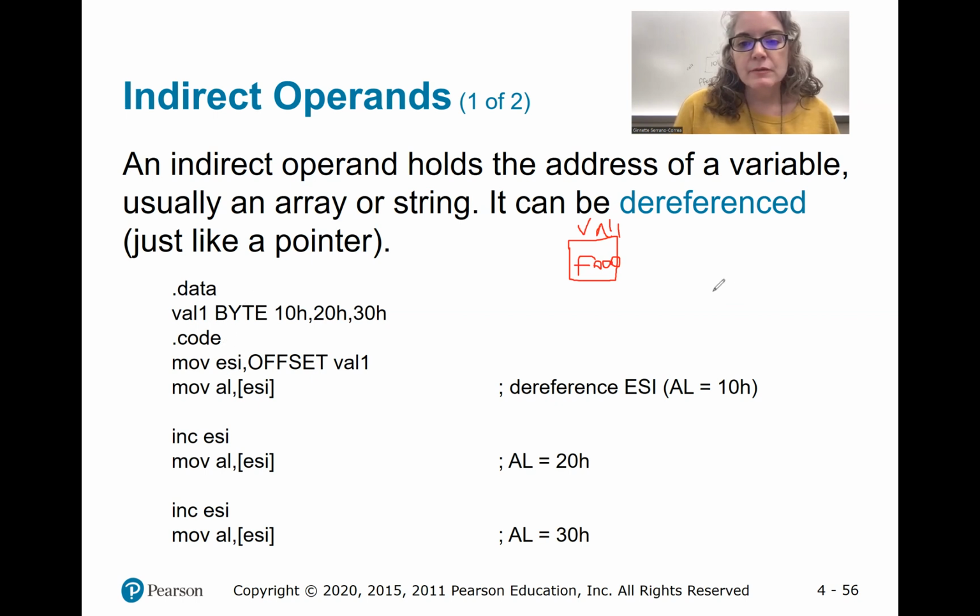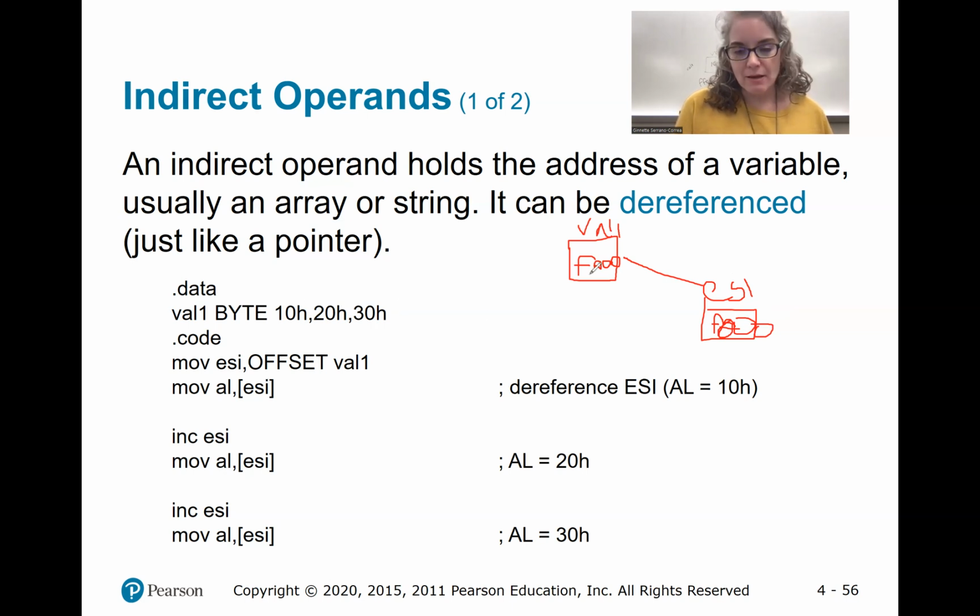ESI now has the same address. So ESI points to val1, because it has FF00. So these two have the same address. ESI points to val1. And remember, val1 has 10, 20, and 30.